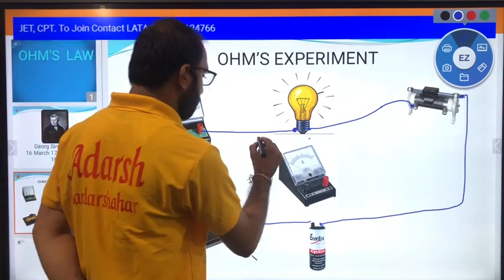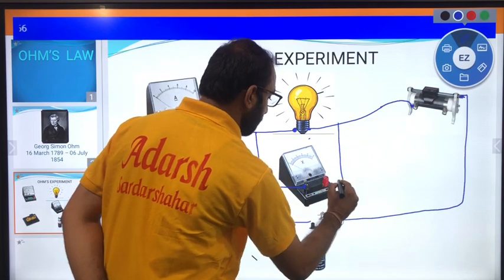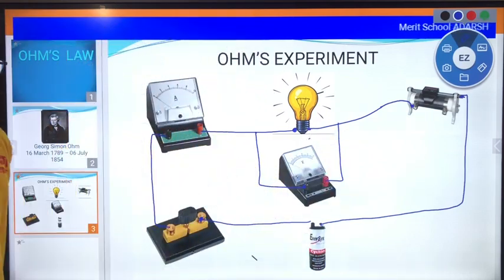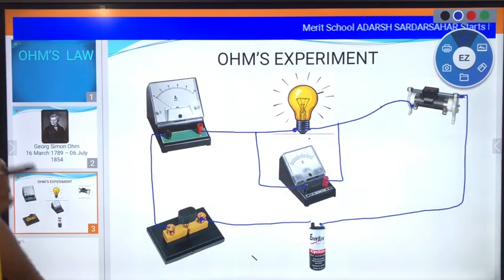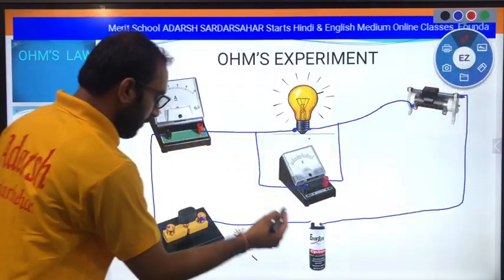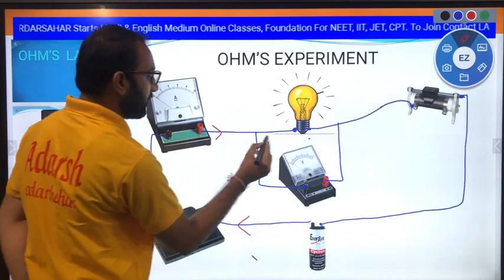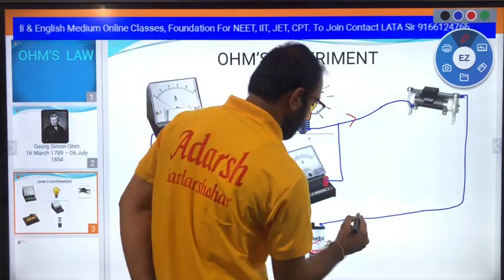And the voltmeter, you know, is always connected in parallel to the load. This is the circuit diagram, and now draw the direction of current. The direction of current is from positive to negative, so draw this direction of current in this experimental circuit.